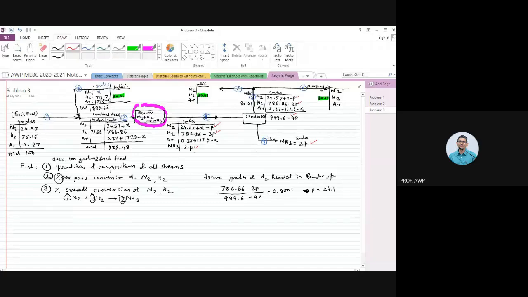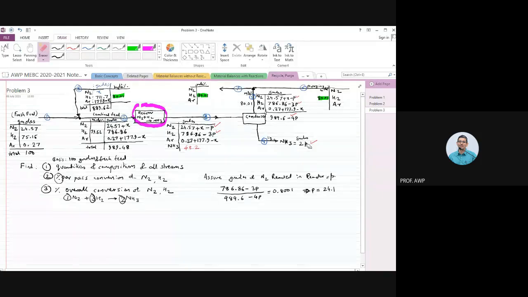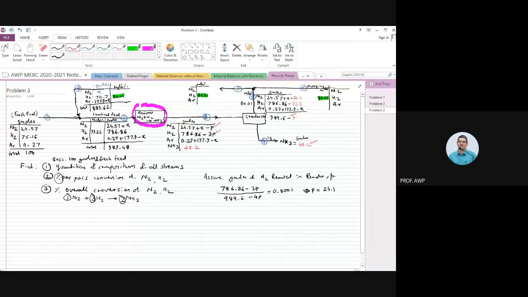So don't keep it as 2P. 2P would be 48.2. Immediately simplify. 24.1. 3P is 72.3. 4P is 96.4.